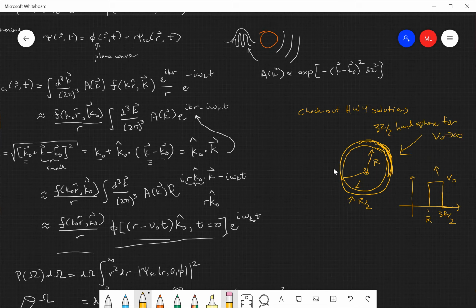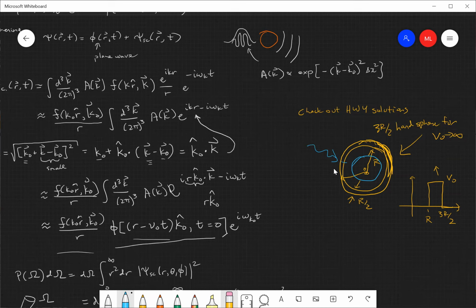But that's an extreme limit. If you do things carefully and make V naught large but finite, so that the incoming particle can still tunnel in and get into this region inside, then the particle can get trapped there.